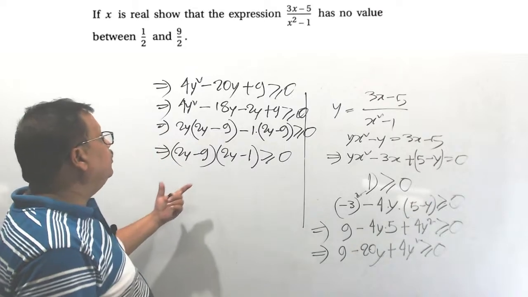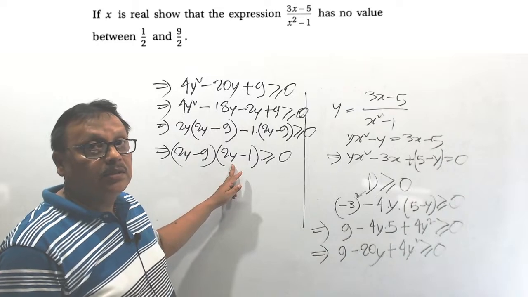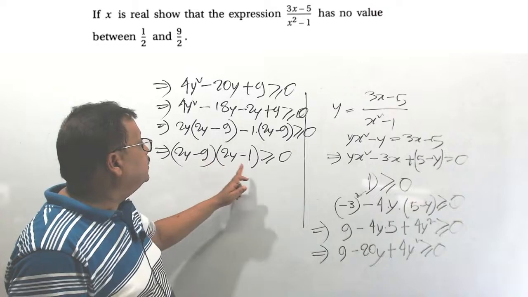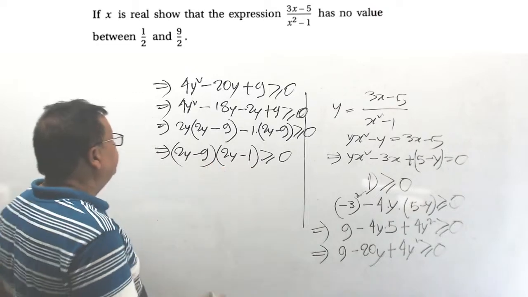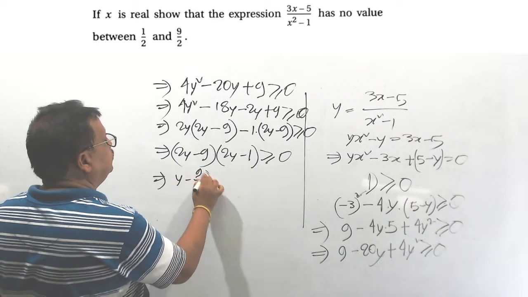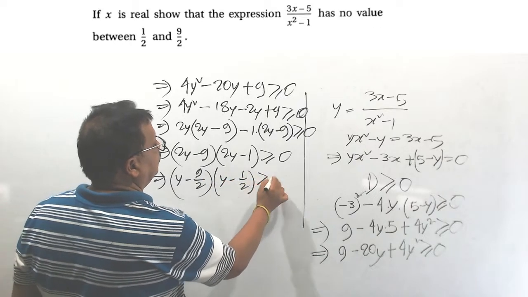According to the rule of the wavy curve that I told you, the coefficient of the variable will always be 1, but here it is 2, and it always remains on the left side of each factor. So this implies y minus 9 by 2, y minus 1 by 2 greater than or equal to 0.